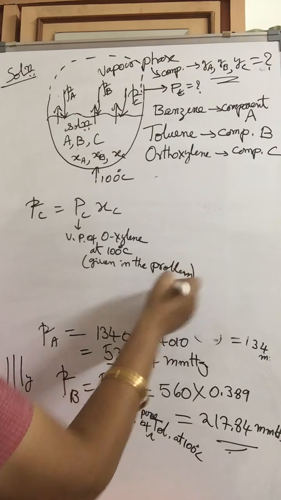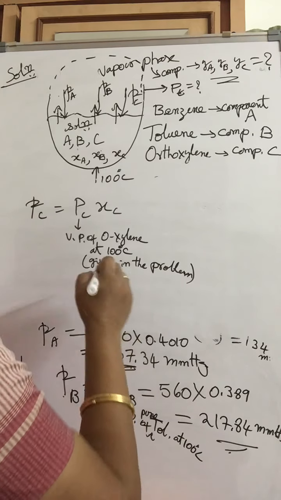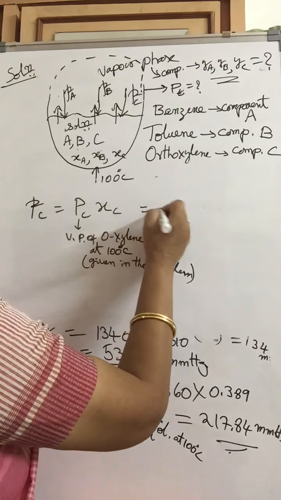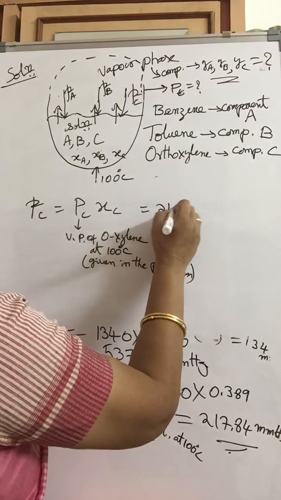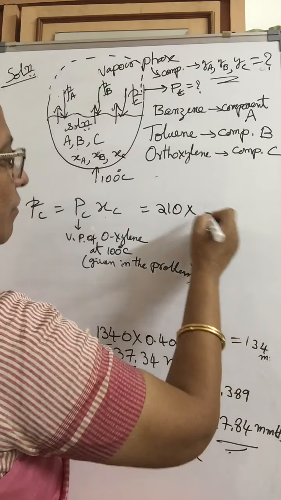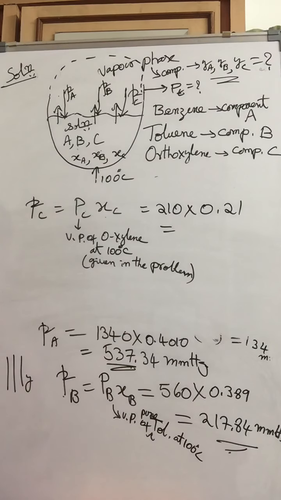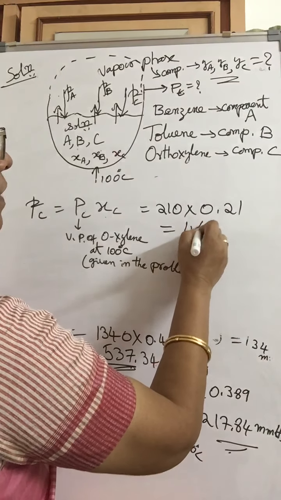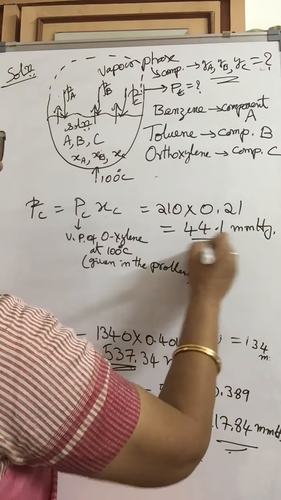If it is not given, you need to refer to books or literature. Then PC° is 210, so PC is 210 into the mole fraction of C. We already calculated that, it is 0.21. So its value is 44.1 mmHg.